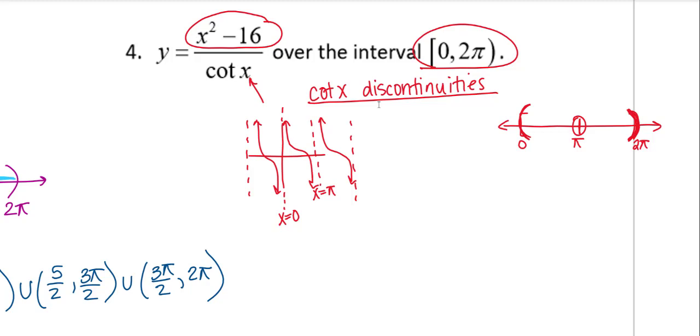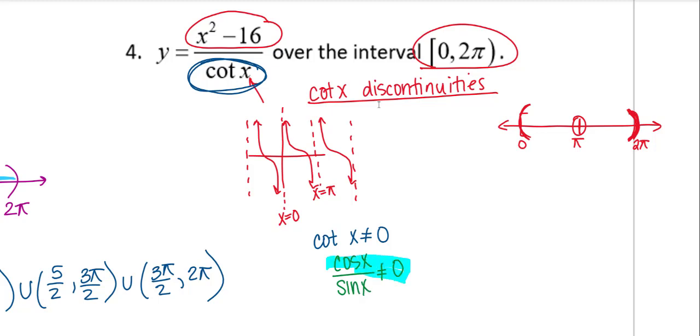So you would think you're done, but remember your denominator also cannot be 0. Cotangent being in the denominator means cotangent of x cannot be 0, and I need to solve that trig equation. So you can do this one of two ways. You can remember what cotangent of x is, so that is cosine of x over sine of x. And our fraction becomes 0 when the numerator is 0.